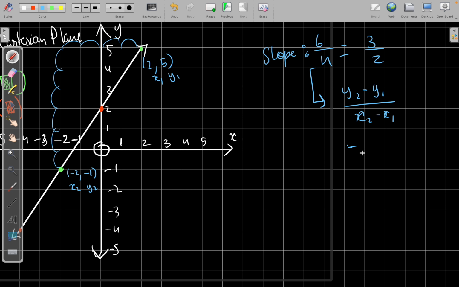It's going to be -1 minus 5 by -2 minus 2, and so it's going to be -6 by -4, which gives you 3 by 2 simplified, because these two cancel each other out, and this divided by 2 gives 3 and this gives 2, and so that's the slope.